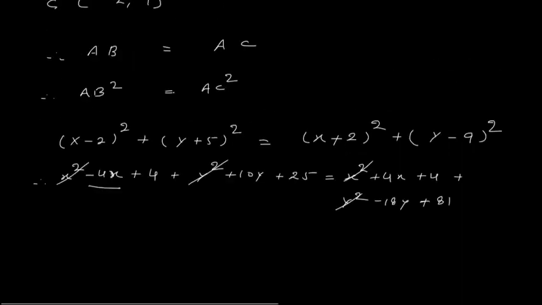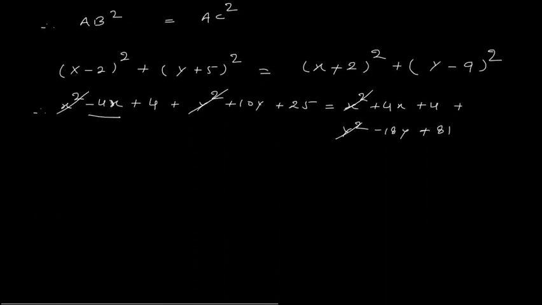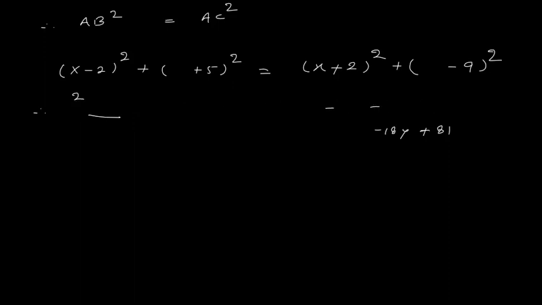Acha, one thing, the value of y is 0. So why I am writing y? I should write 0. So this y part is 0, so there is nothing called y. As y term is not there, okay, better I will rewrite this whole equation.